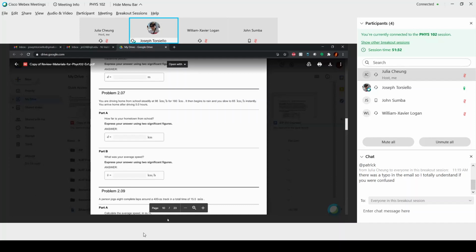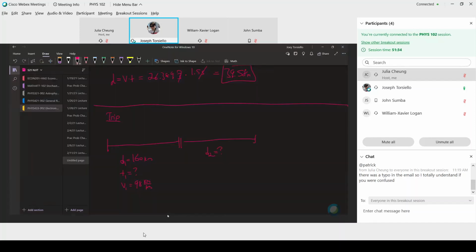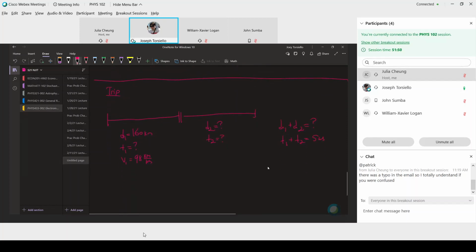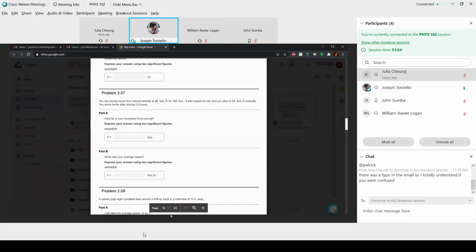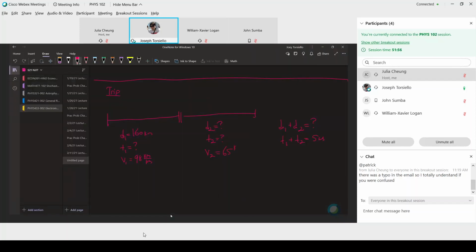We don't know the time that it takes, we still don't know this. We know the total time, so I should also write the sum. This is about 5 hours. You don't really need to add the speed, so I won't do that. But we do know V2 is 65 kilometers per hour.